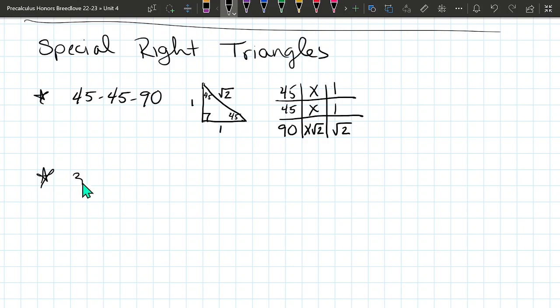And the other one is the 30, 60, 90 triangle. So the tall one has, the skinny angle has to be the 30, the fatter angle is the 60, and there's a 90.